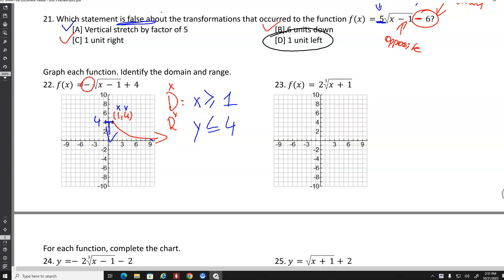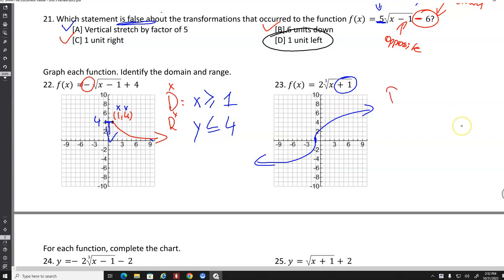Now, function 23 is a cubed function, and it is shifted 1 to the left, so somewhere around here. It's going to look something like this. Again, you can go ahead and graph it in Desmos to help you.